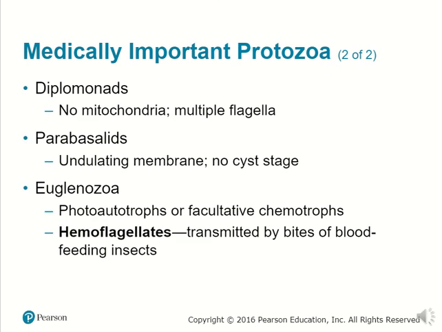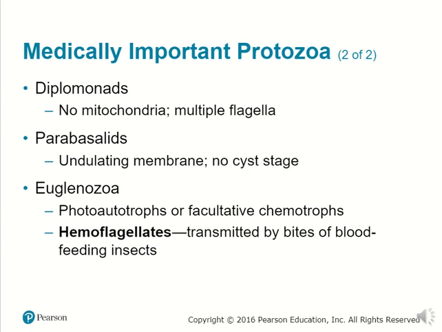Diplomonads do not have mitochondria, but have multiple flagella for movement. There are parabasalids, which have an undulating membrane but no cyst stage, and euglenozoa, which are photoautotrophs or facultative chemotrophs.